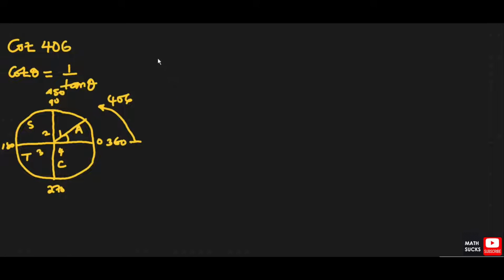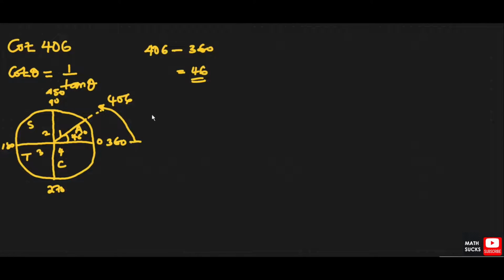The idea is to simply take 406, which is the larger angle, take off 360 and see how much you are getting. That is going to give you 46. So if you subtract 360 from 406, that gives you 46. It means that from the positive x-axis, you are only adding an angle equivalent to 46 degrees in order to get 406.